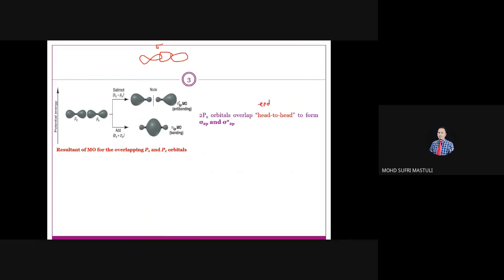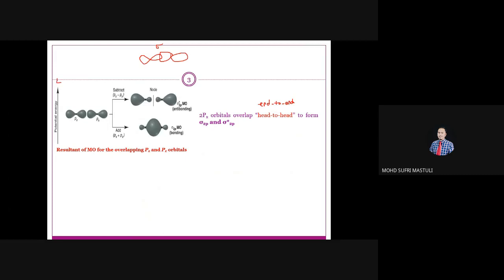It's the same thing, end to end, to form sigma 2p or anti-bonding sigma star 2p. So this is px, px, the same.